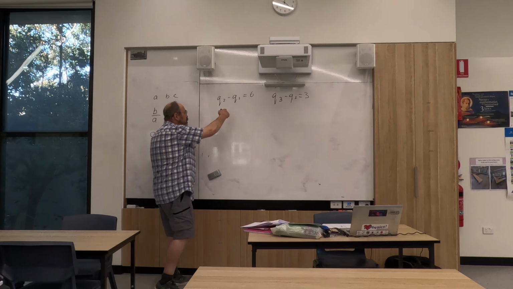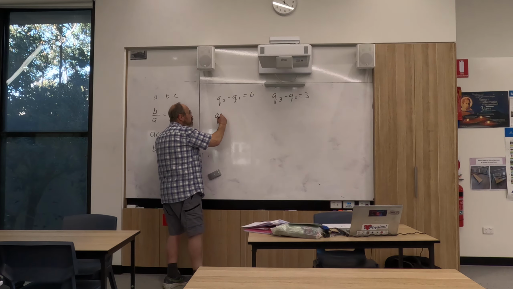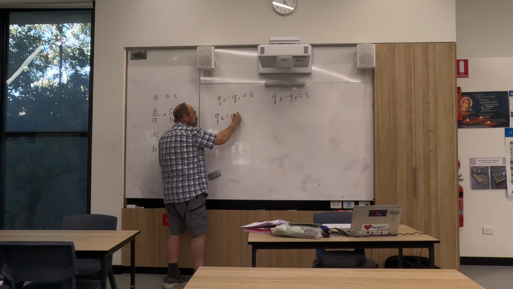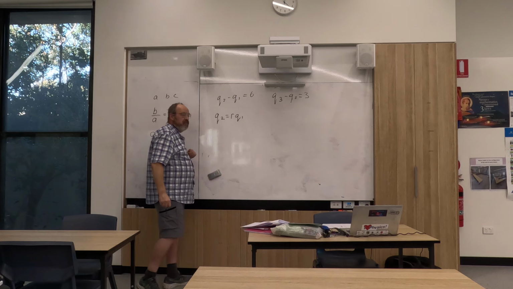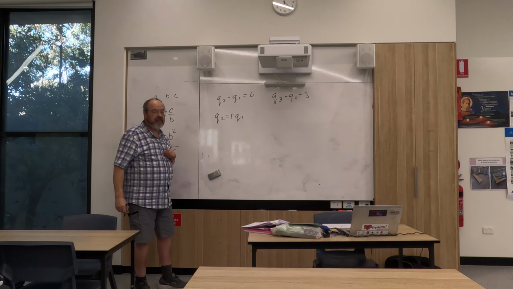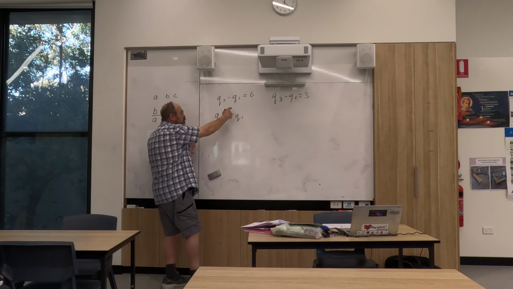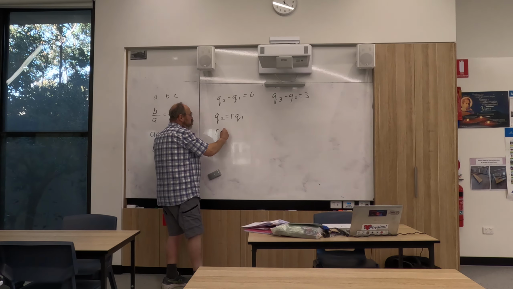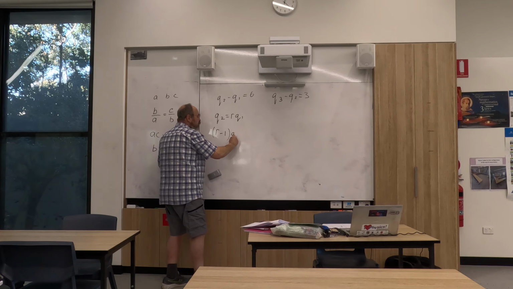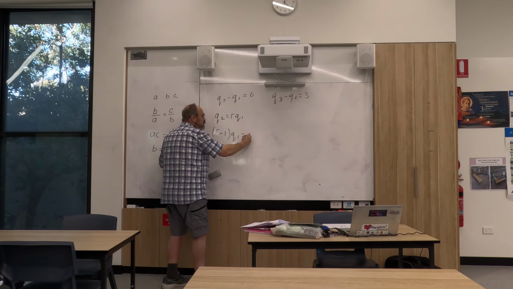Q2 will be equal to R times Q1, right? Because it's the common ratio. So we can rewrite this as R minus 1 times Q1 equals 6.